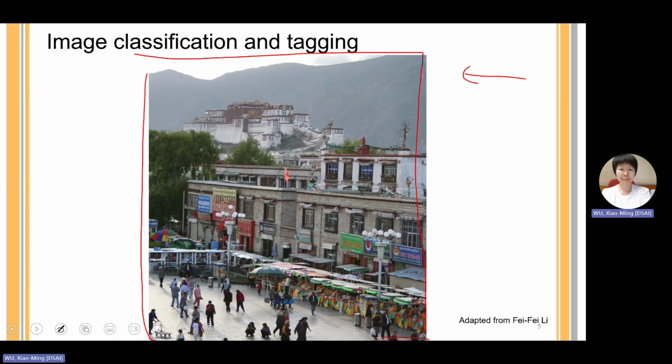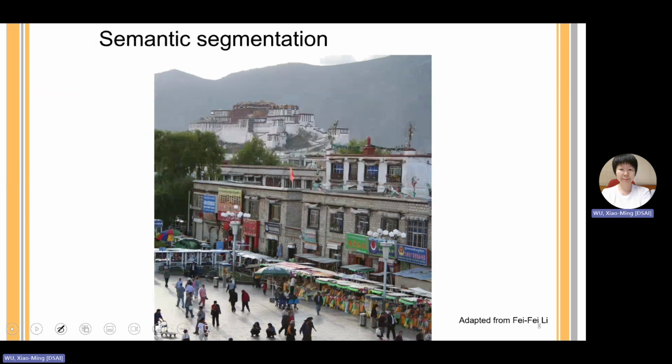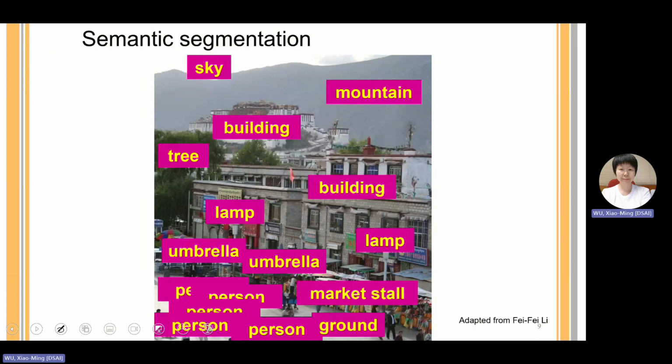But for semantic segmentation, we assign a class label or a category to every single pixel within the image. So that's why we say semantic segmentation is a classification task at the pixel level.